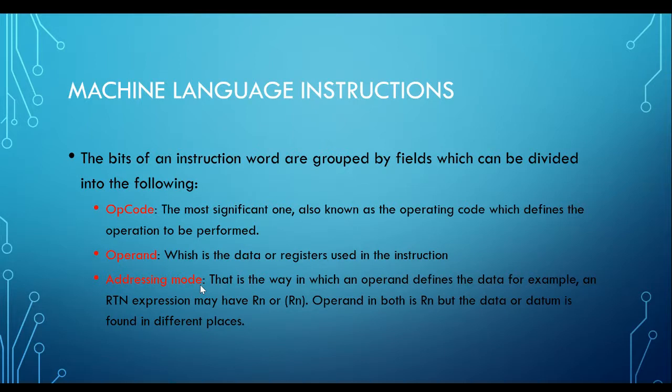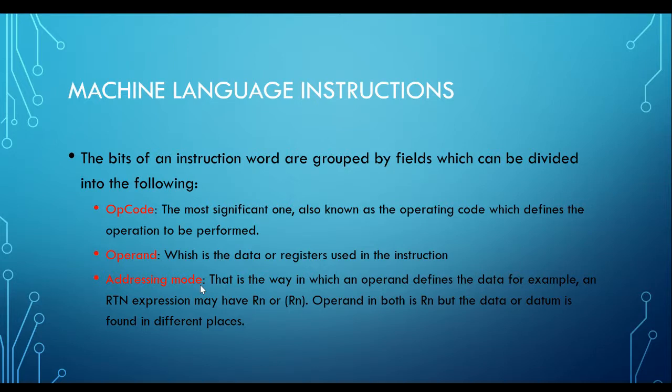The most significant 4 bits are what we call the opcode, known as operating code, which defines the operation to be performed. Whether the operation is an add, an or, whatever the operation. So the most significant 4 bits decide that.